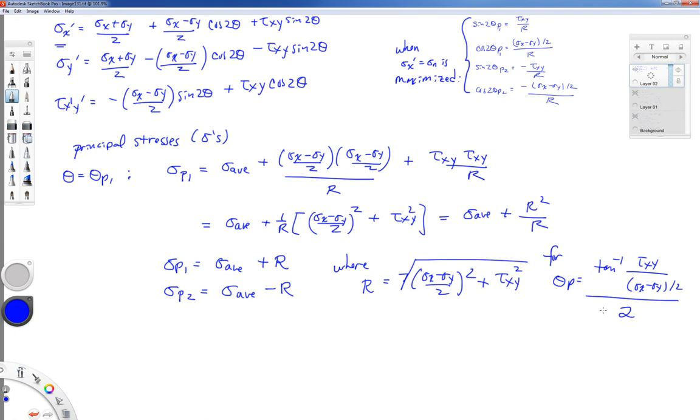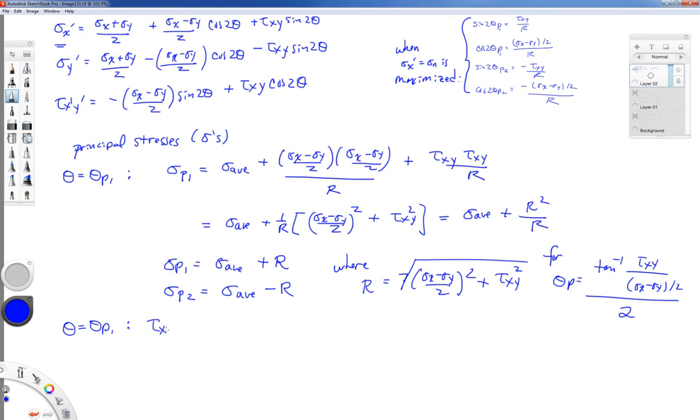All right, so those are the normal stresses, the sigmas. But let's see what happens when we put in the value for theta p1 into the equation for tau x prime y prime. Okay, so again, this is for theta equal to theta p1.